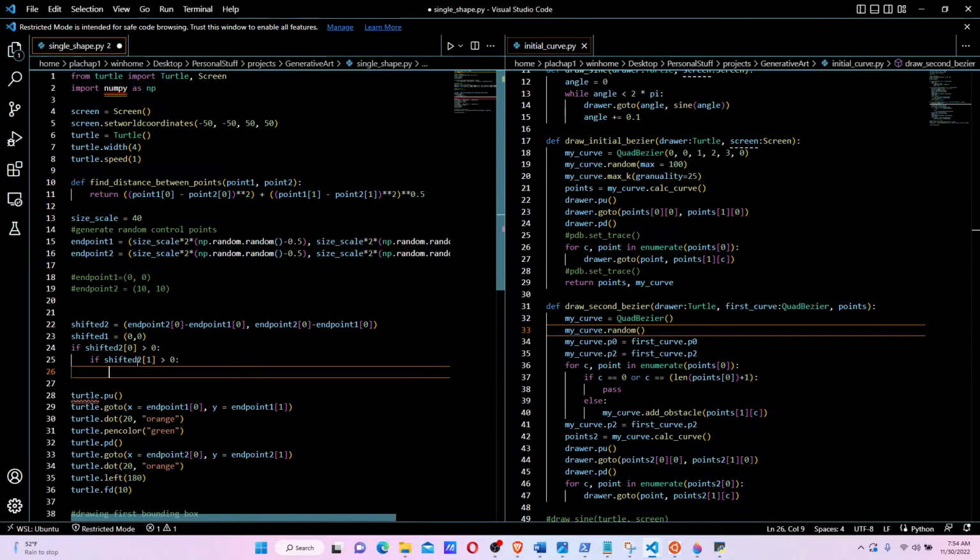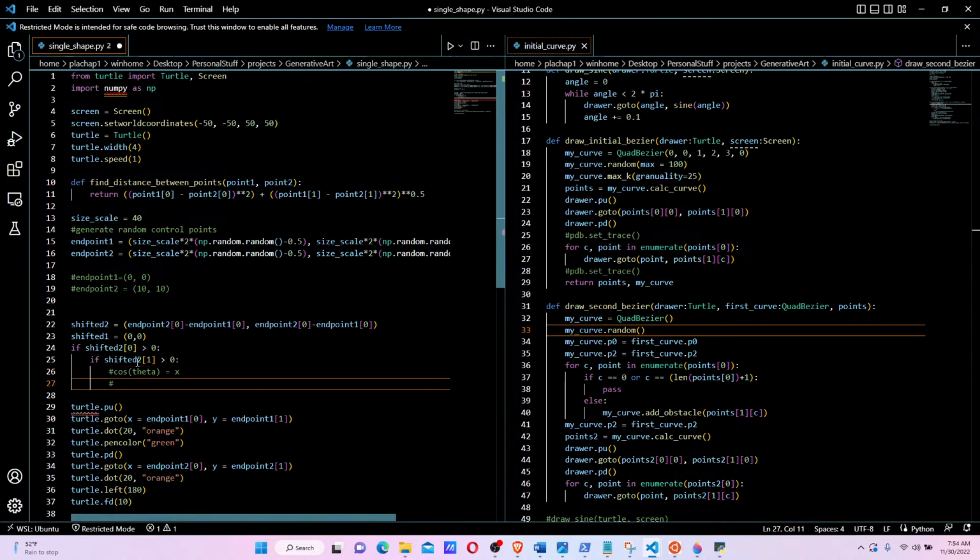This is saying if we're in the first quadrant, what is the rule? Cos of theta is equal to x, and also sine of theta is equal to y.